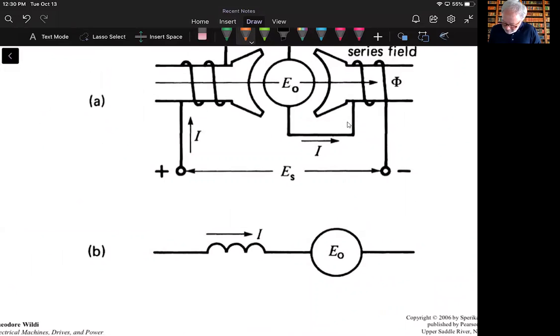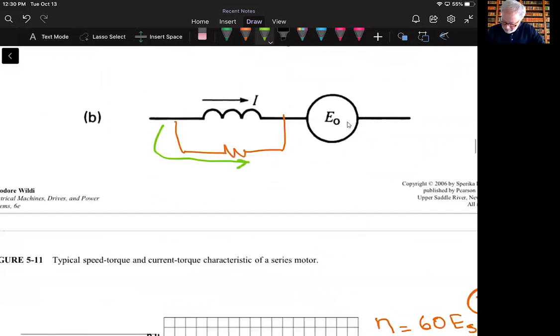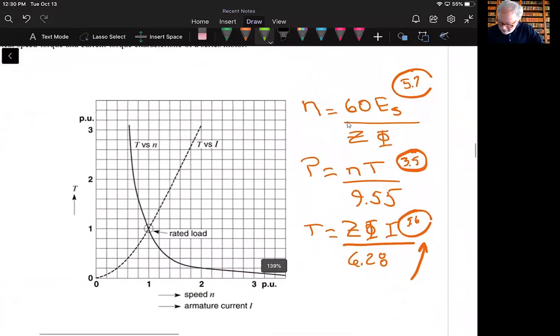So we could have a parallel connection to this field, and we may shunt some of the current through this parallel path. What's going to happen with that? Well, let's look at our equation and see if we can figure that out.